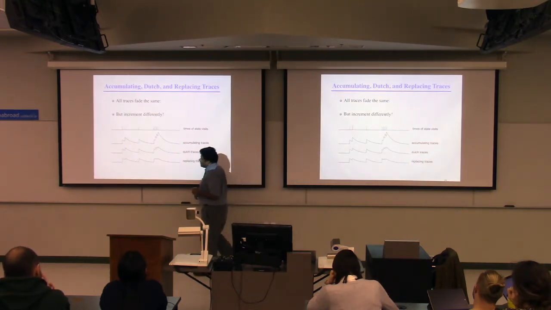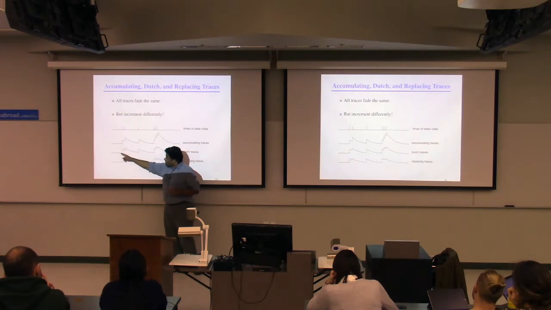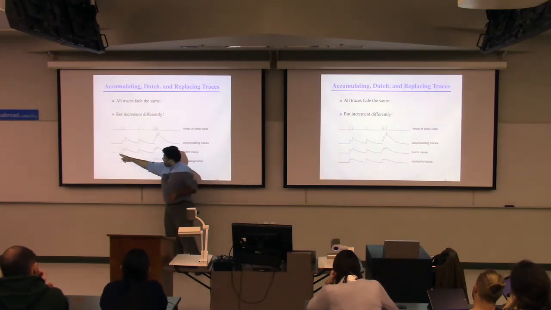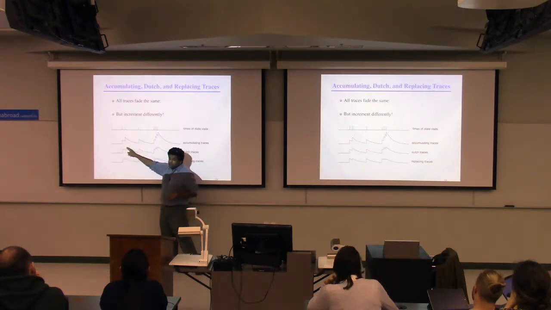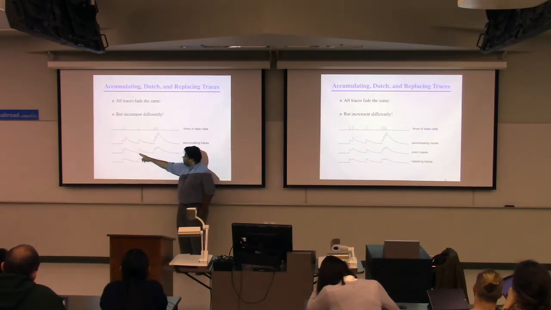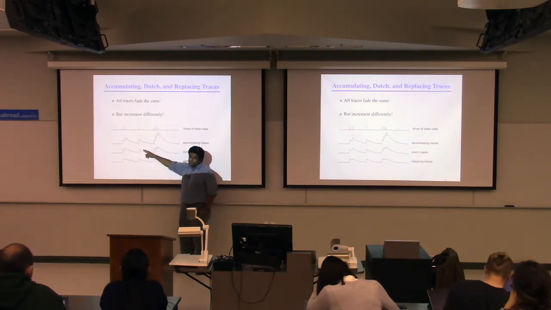Dutch traces really prevent the trace from going up too large. So it goes up a little bit, decays, up, decays. Oh, sorry, it doesn't go up by 1. It goes up by less than 1. Right? So you can see that the peaks are lower. When it's at 0, it'll go up nearly a full amount.